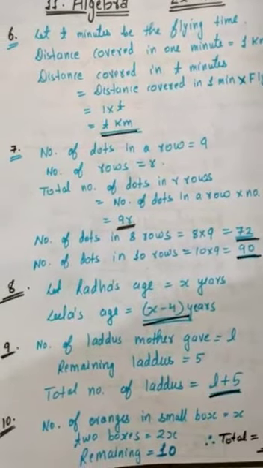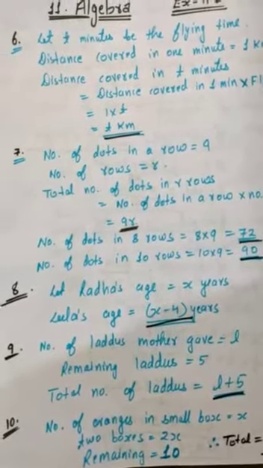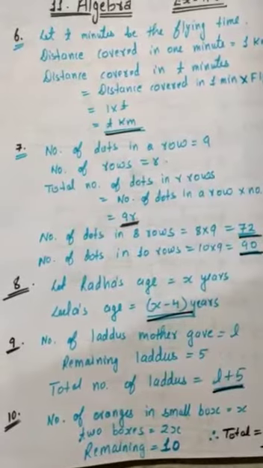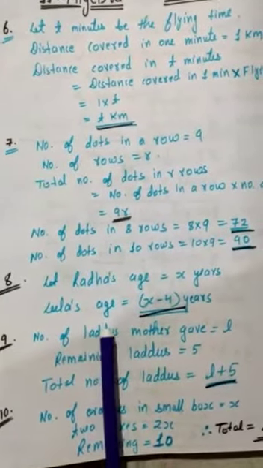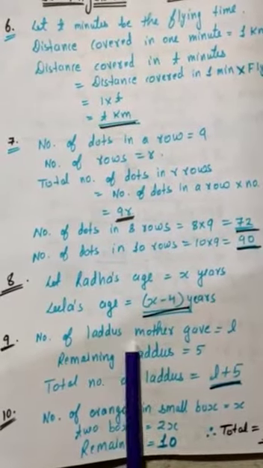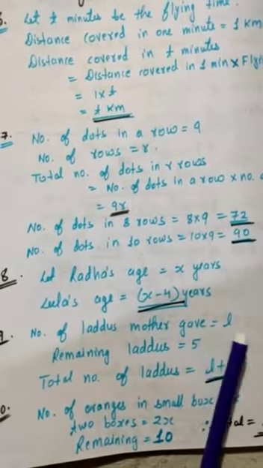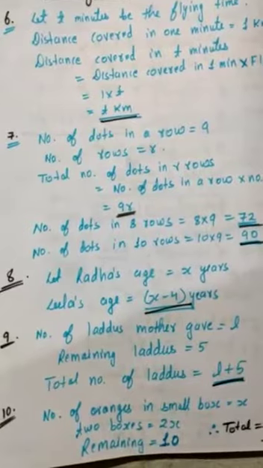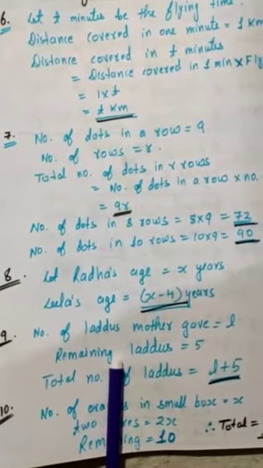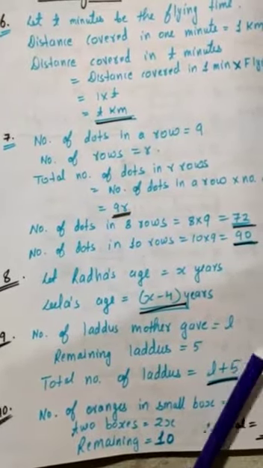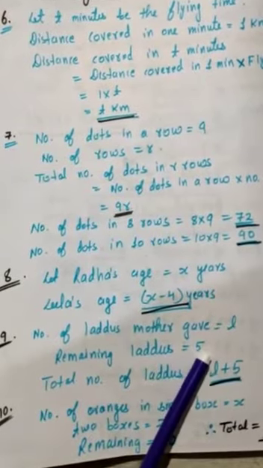Okay, then question number 9 is very interesting. You can take the example of your mother. Suppose your mother gave you L number of laddus. Okay, this L is given to you in the question, so you have to take the same variable. Mother ने laddus बनाए. She gave some laddus to guests and family members.